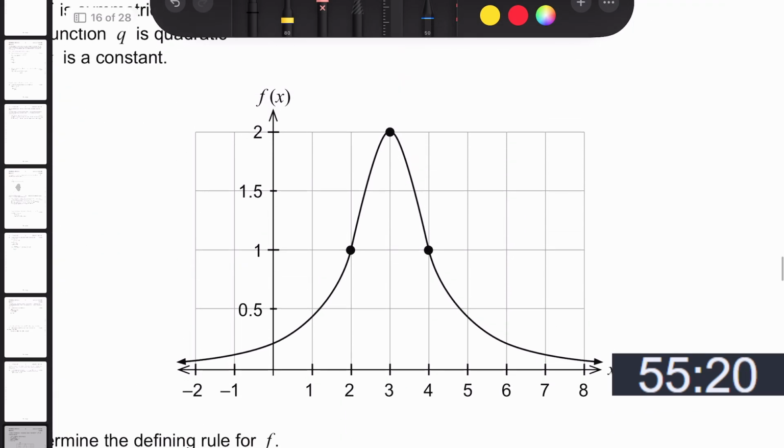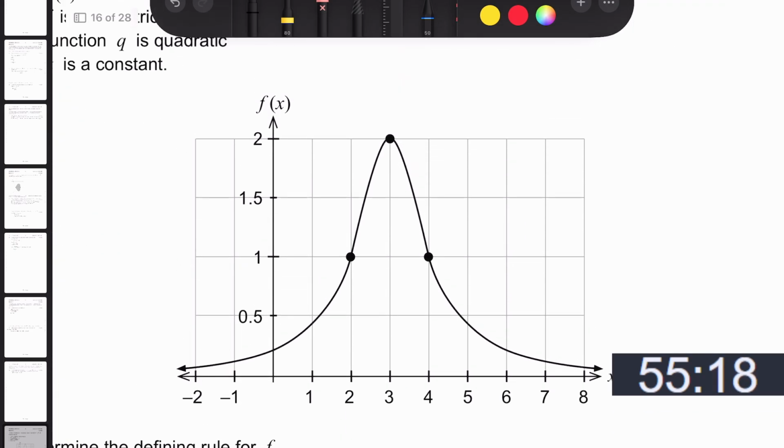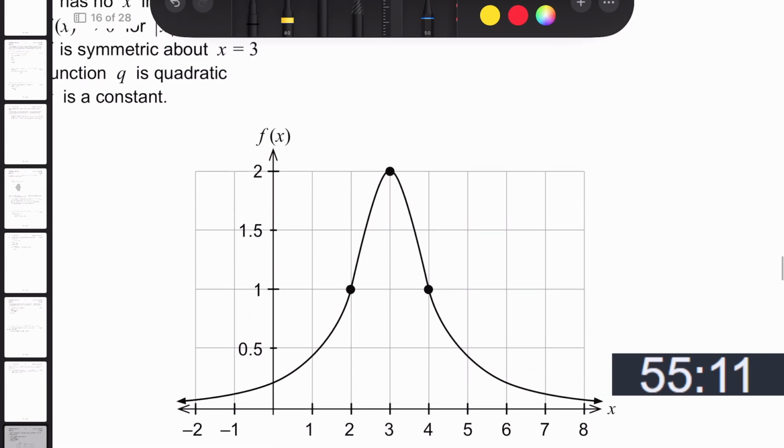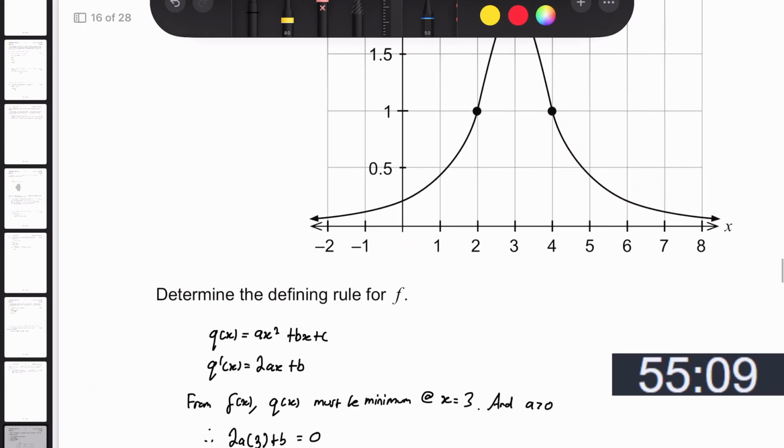Minimum at x equals 3, because it's a minimum, and that's why we have our maximum point. So we must have a turning point there.